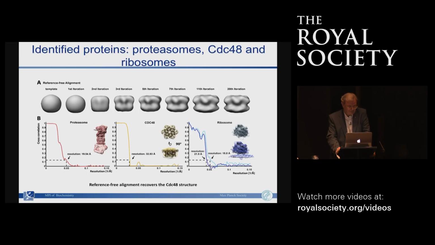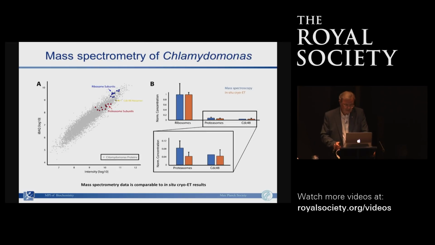It's a reference-free alignment, so as a reference we use basically only a blob which converges to the structure of CDC48. Now that structure is not very well resolved, and the reason is that CDC48 is in these clusters a relatively low abundance protein, so the structure of the proteasome and the ribosome is much better defined here.